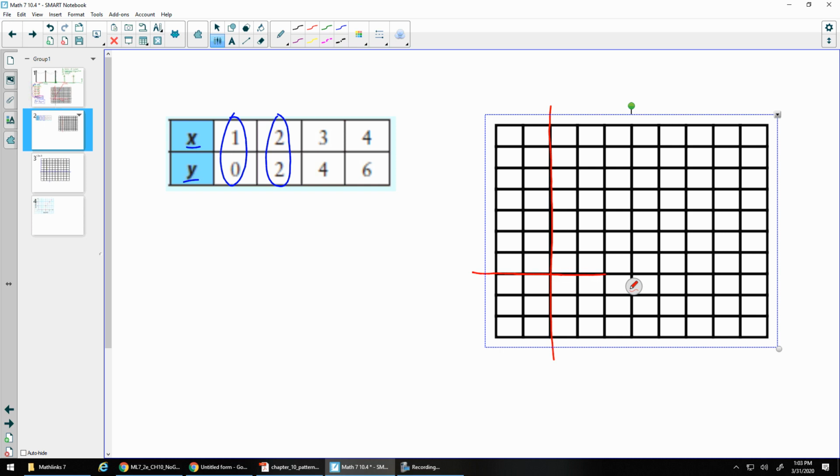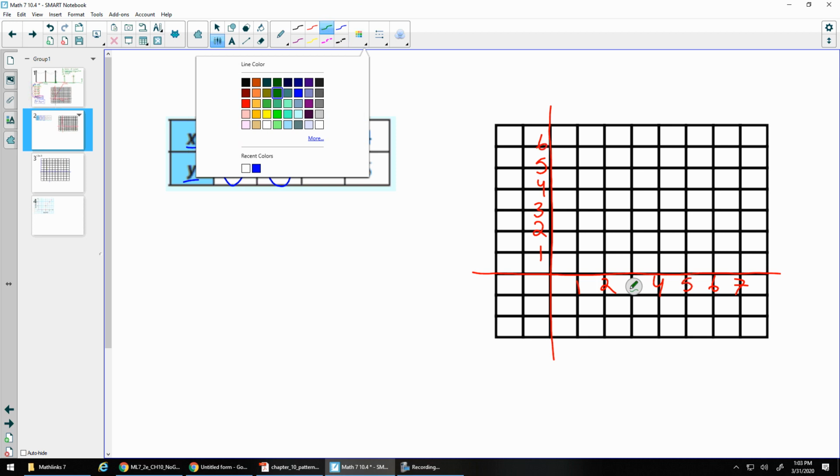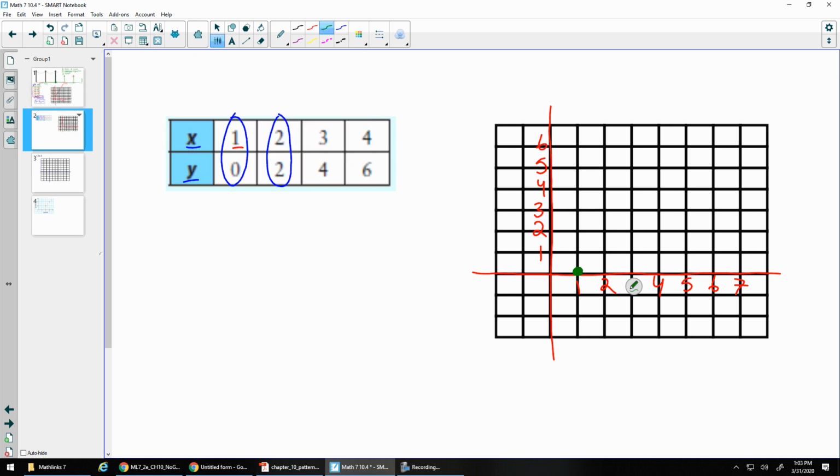So let's quickly make another Cartesian plane. 1, 2, 3, 4, 5, 6, 7. 1, 2, 3, 4, 5, 6. Okay, and when x is equal to 1, y is equal to 0. That dot would end up being right here.